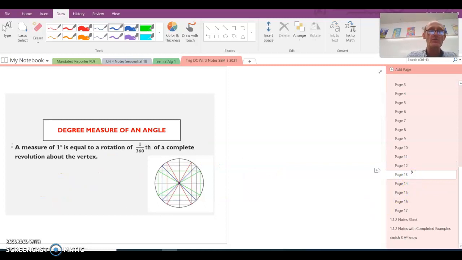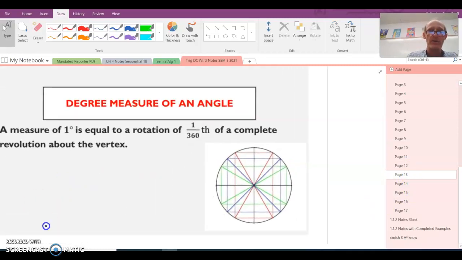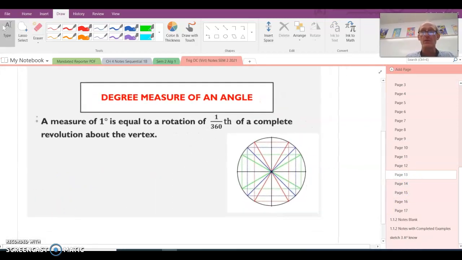Moving on now to the degree measure of an angle. We've talked about the radian measure of an angle. You need to get comfortable going back and forth. What that means is all of these angles have radian measures. There's a certain one there, a certain one there, and so on. This is the complete unit circle. It gets a little complicated, but it's not rocket science. It's not too bad.